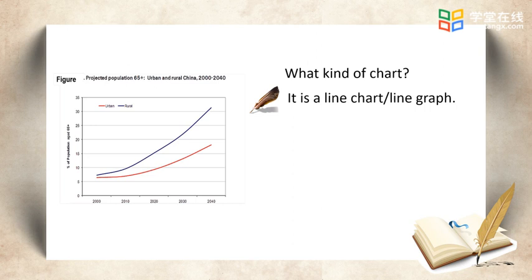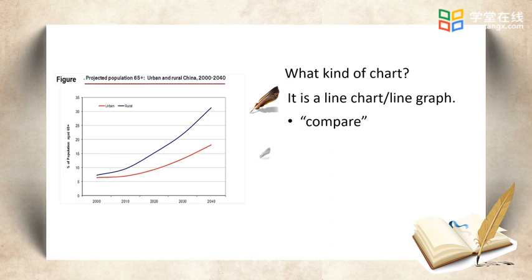Then, we're going to decide which verb we will use. There are two lines in this line graph, so we can use compare. The blue line and the red line signify different things in this chart, so we can definitely compare them. Then, the content of this chart is the title, so we only need to rewrite the title.